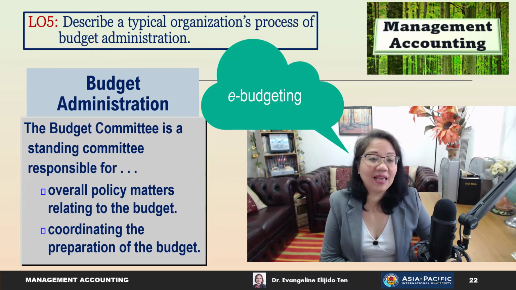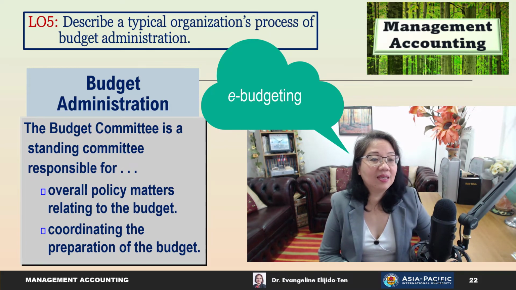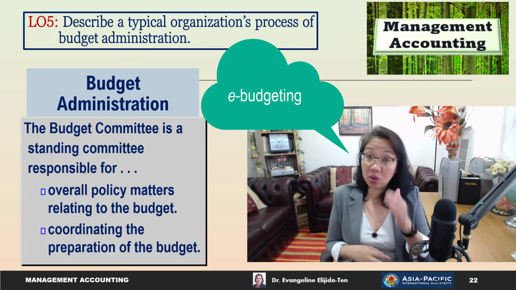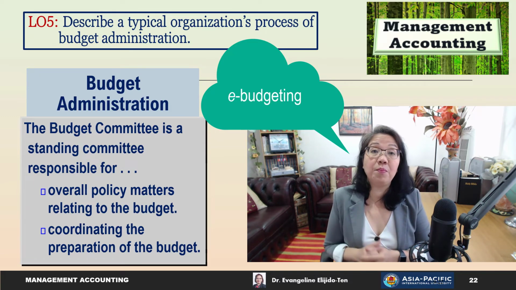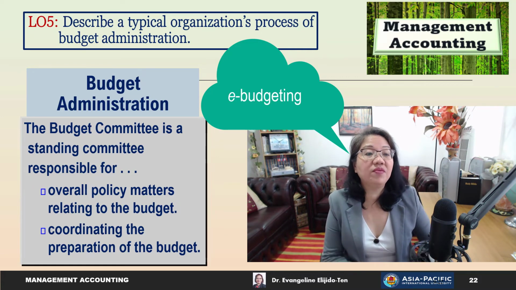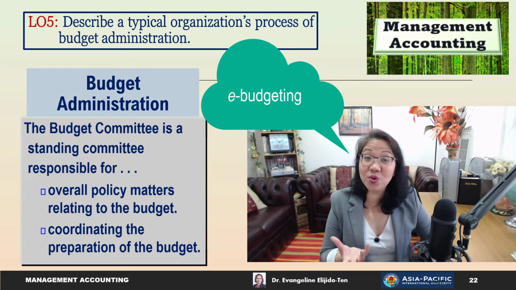Now, e-budgeting is an increasingly popular internet-based budgeting tool that can help streamline and speed up an organization's budgeting process. The E in e-budgeting stands for both electronic and enterprise-wide. In e-budgeting, employees throughout the organization at all levels and around the globe, if the company is a multinational company, can submit and retrieve budget information electronically via the internet. Remember, one of the purposes of a budgeting system is to communicate and coordinate.